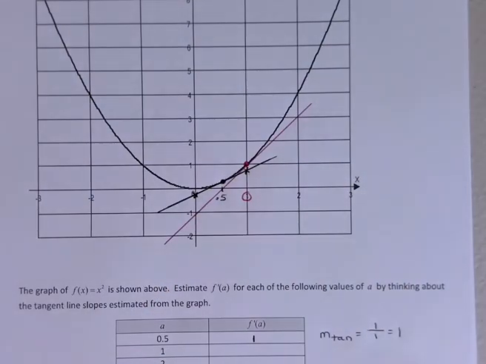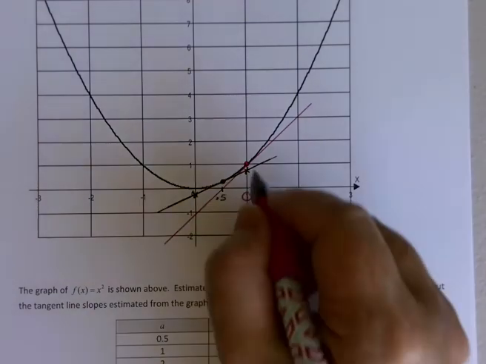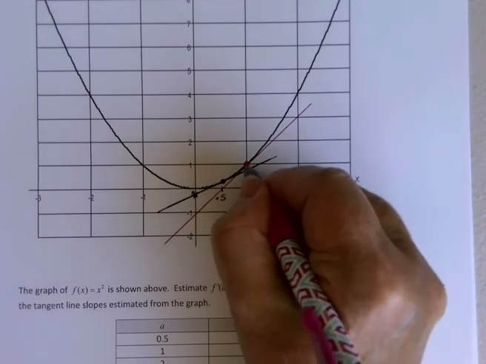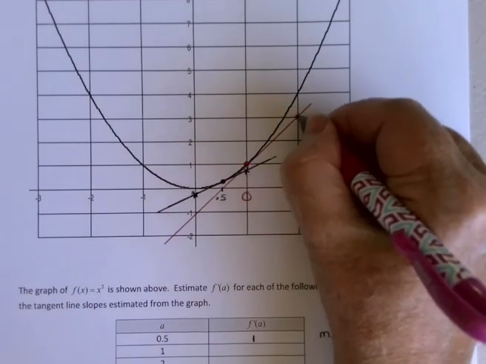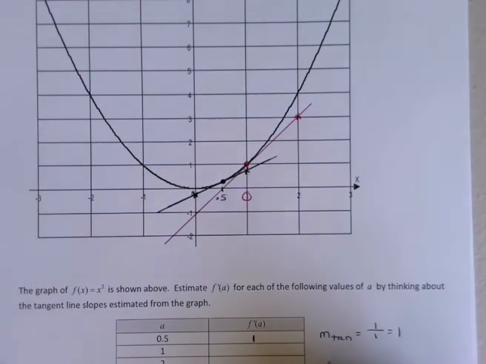It's almost like balancing the line on the curve. If I look at the slope of this pink line that I just drew, here's one point right here at 1, 1, and it looks like it goes through another point up here. So that's up 2 and over 1. And so I'm thinking my slope, which is my derivative for the tangent line, is just 2.